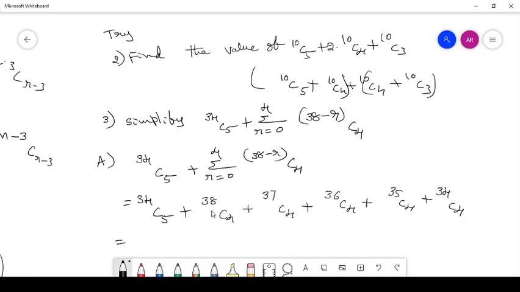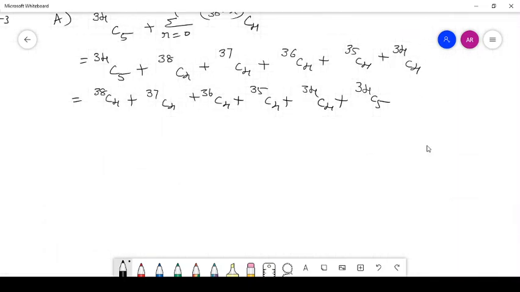This is equal to, first I am taking 38C4 plus 37C4 plus 36C4 plus 35C4 plus 34C4, plus the first term I am writing here, 34C5, for convenience. Here the result we used earlier, nCr plus nCr minus 1 is equal to n plus 1 Cr.